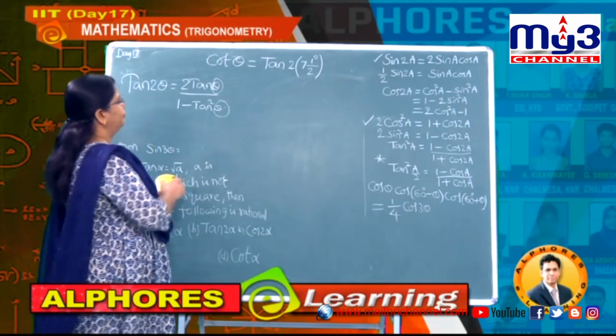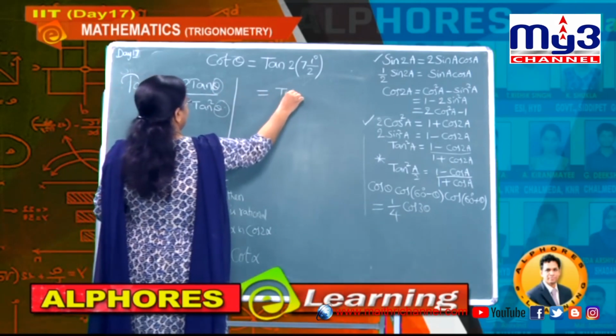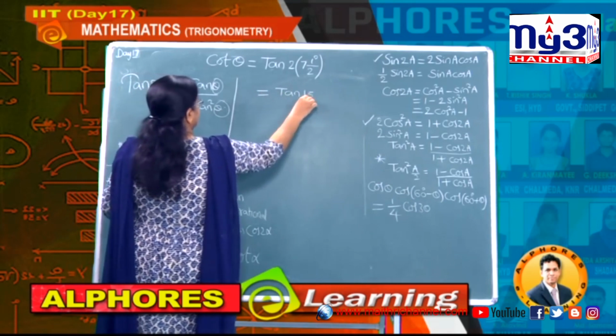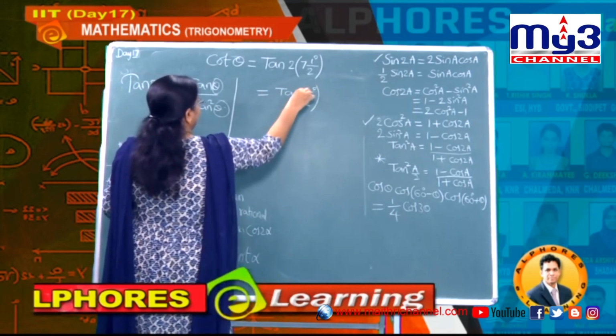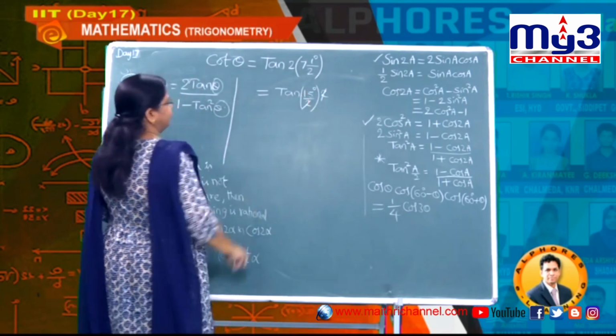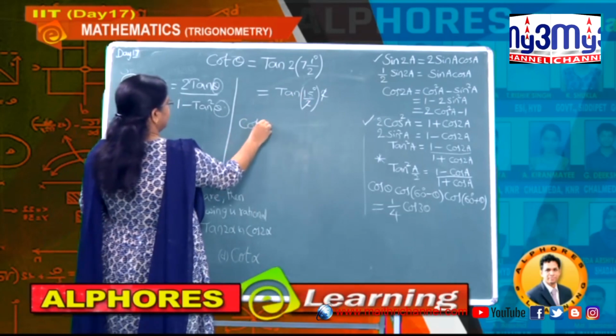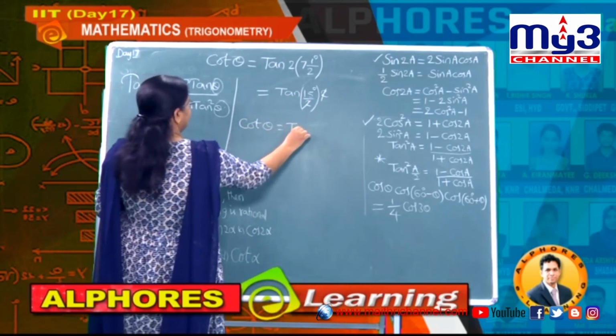So this is equal to tan 15 by 2 degrees, and the 2 is already there, so you can cancel. That means you got cot theta equals tan 15 degrees.